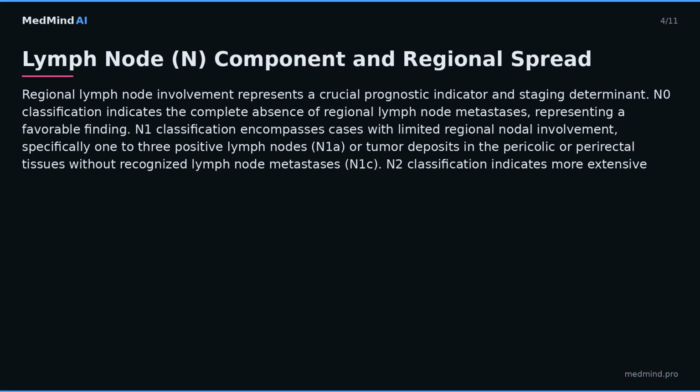The number of involved lymph nodes demonstrates a dose-response relationship with prognosis, meaning that increasing nodal involvement correlates with worsening outcomes. Additionally, the ratio of positive nodes to total nodes examined provides prognostic information, with higher ratios suggesting more aggressive biology.